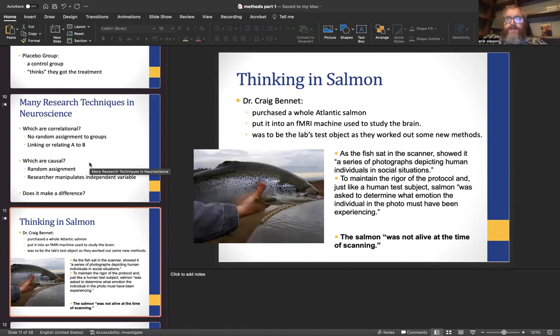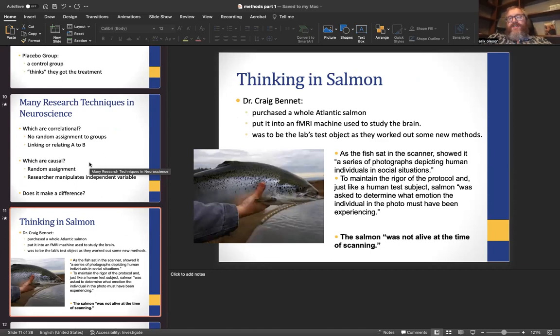Well, this isn't a placebo example, but a good control example provided by Craig Bennett. Dr. Bennett purchased a whole Atlantic salmon and decided to put this into an fMRI machine that was used to study the brain. It was to be the lab's test object as they worked out some new methods.